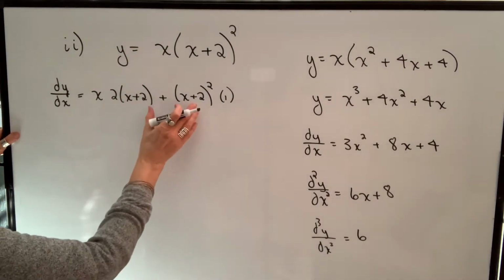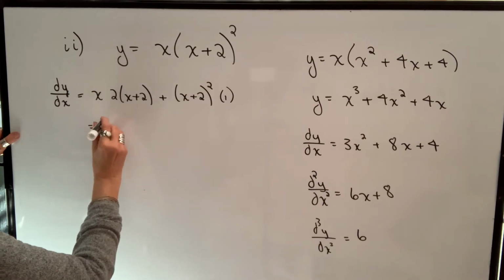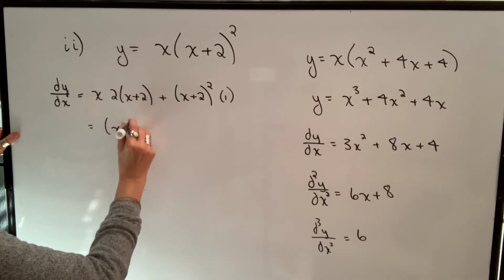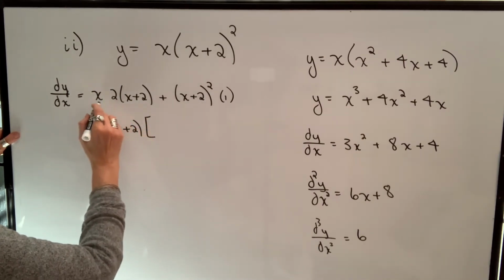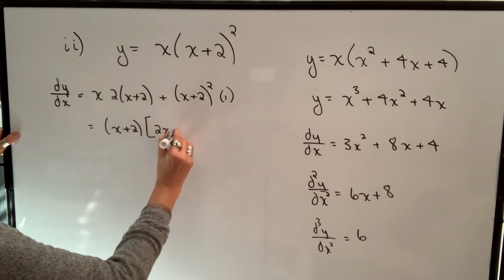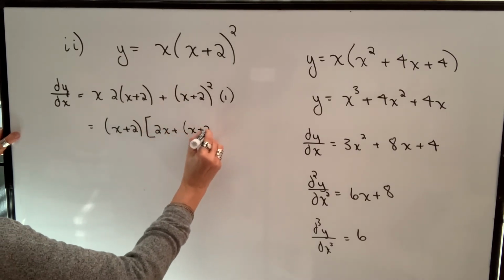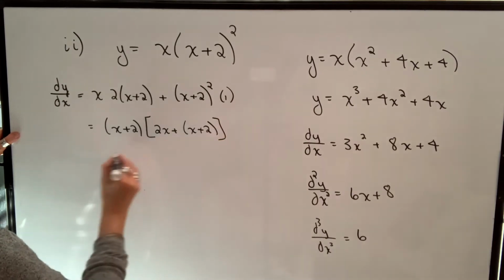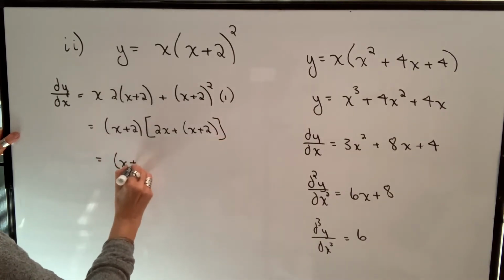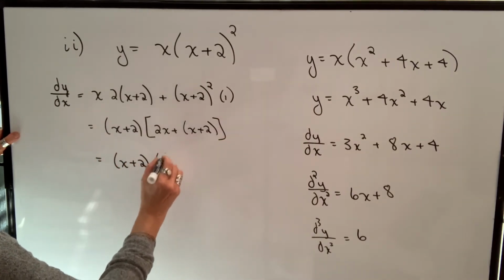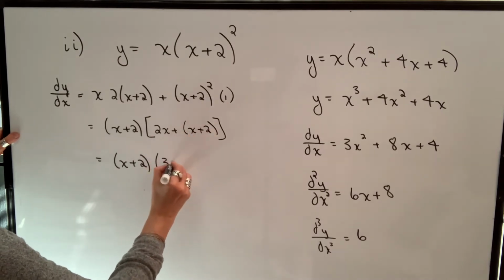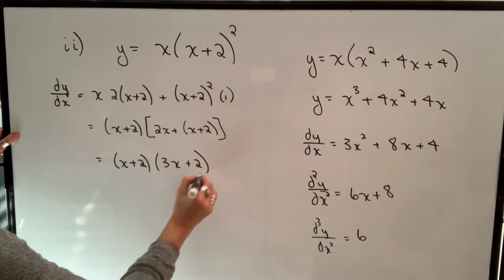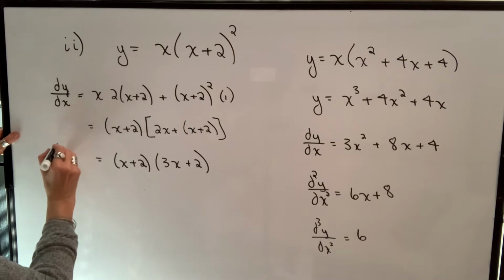We could factor an x plus 2 out, and I'll be left with 2x plus x plus 2, so 2x plus x is 3x. So this is my first derivative.